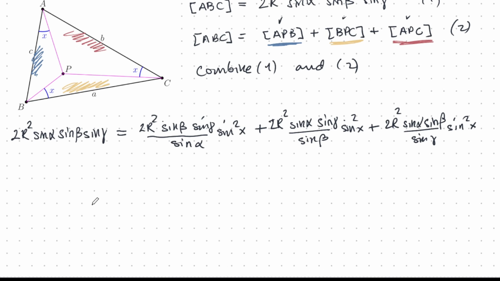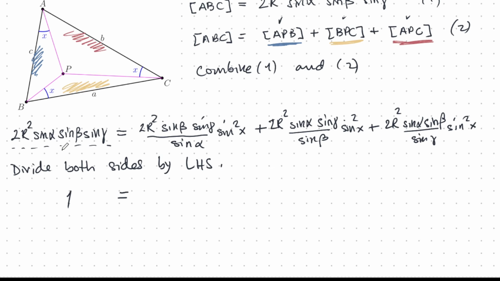So what do we do next? Well, let's divide both sides by this whole left-hand side. Right, okay, so if I divide the left-hand side by the left-hand side, I just get 1. All right, like this. And equals what now? Well, all the 2r squares go away, of course.